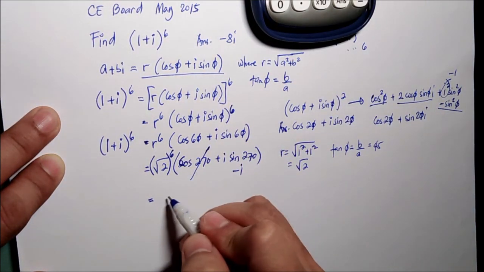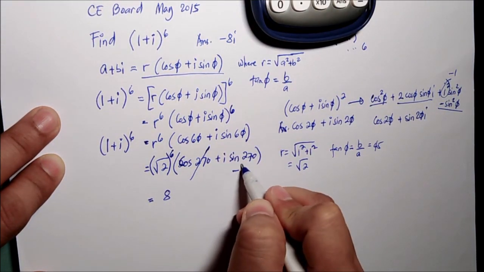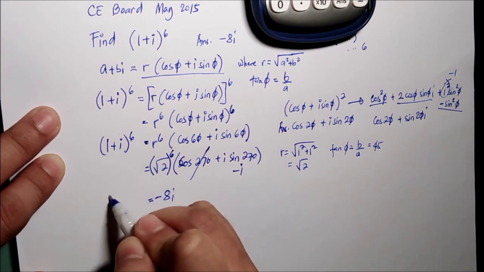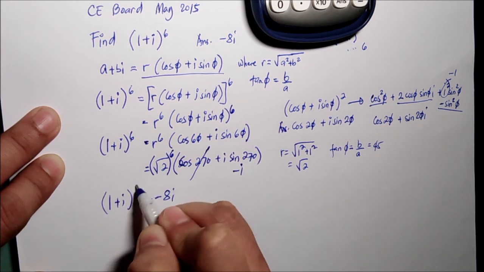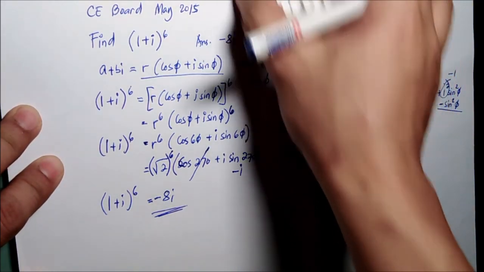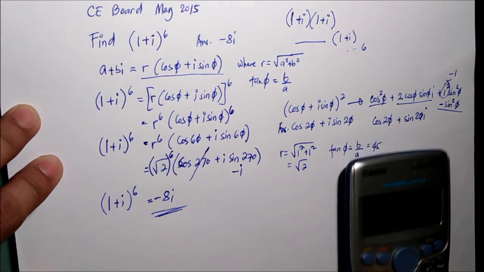So 8 and then negative i, so negative 8i. So (1 plus i) raised to the 6 is negative 8i. Okay, thanks for watching.